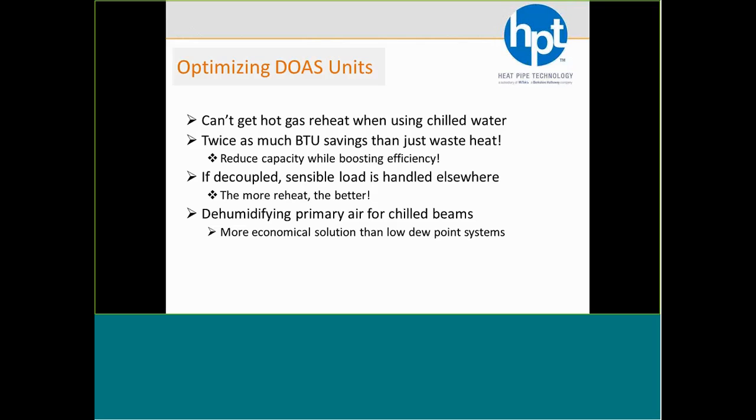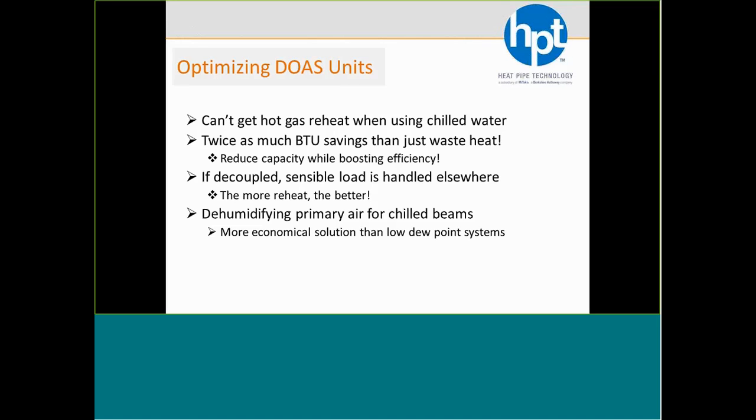So the goal here is to reduce fan energy by adding a little bit of pumping energy to send water back and forth from these beams. Now the downside is that when you're providing less air, you have less air to dehumidify the space. And there's the same moisture level out in the space, so that's not going to change. So the only way to battle less air is to provide drier air.